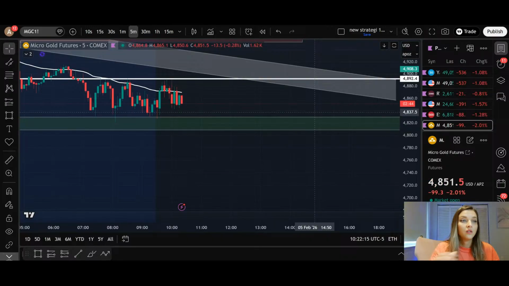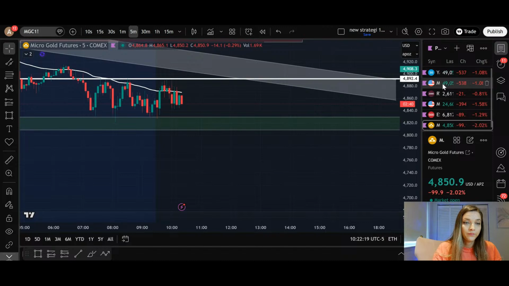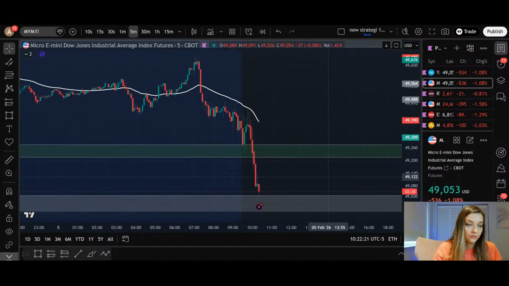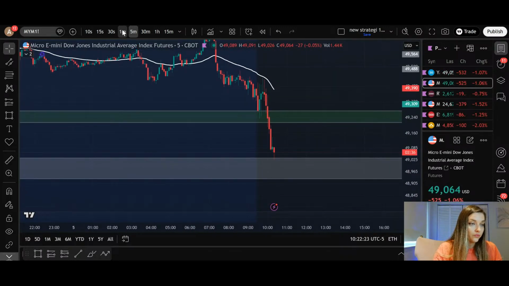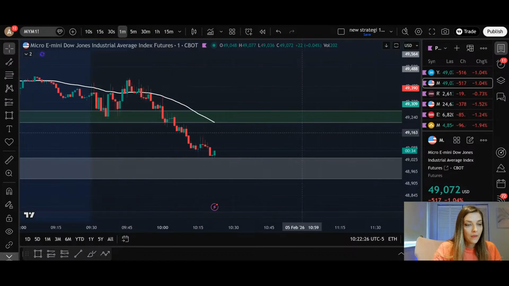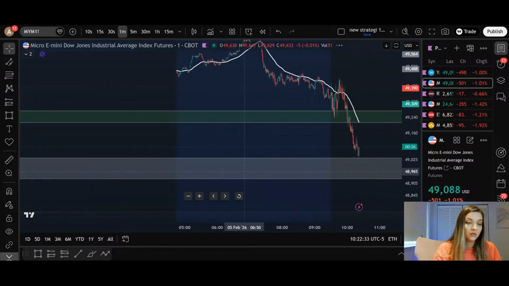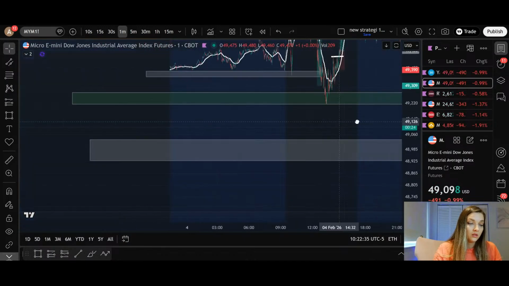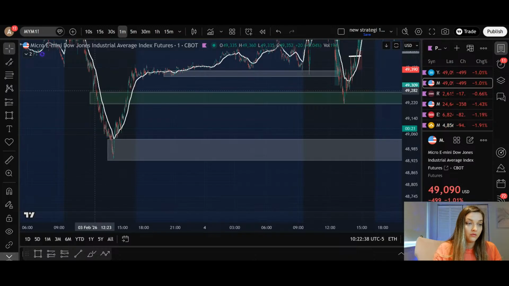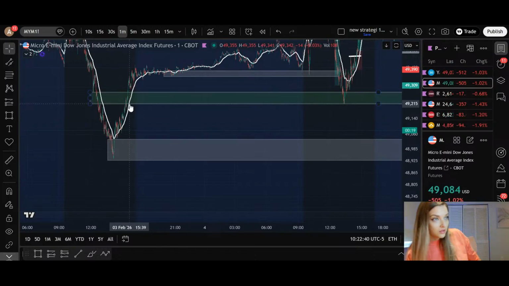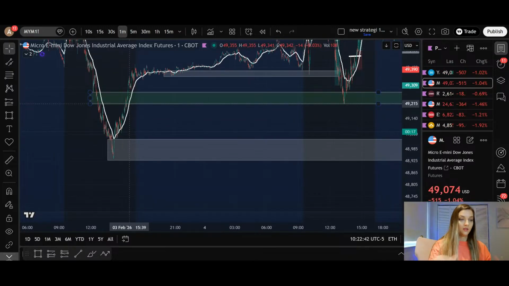Look at the US 30, it's falling hard. I'm in a sell position. Okay, now the US 30 touched this area. Let's see, because this area, look, it was a V, so it's a very strong demand.